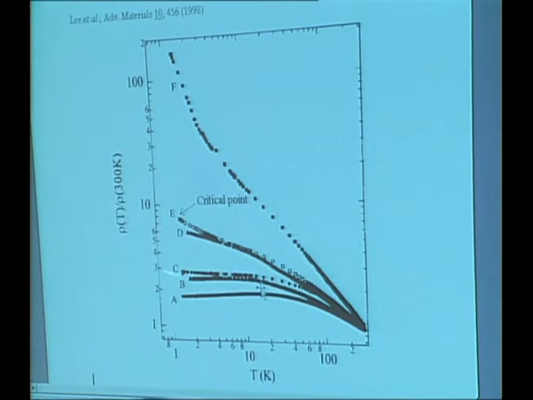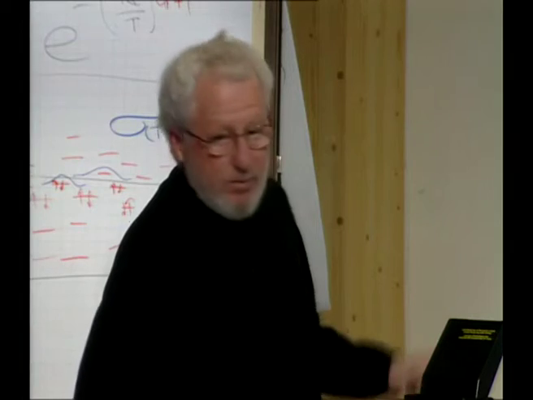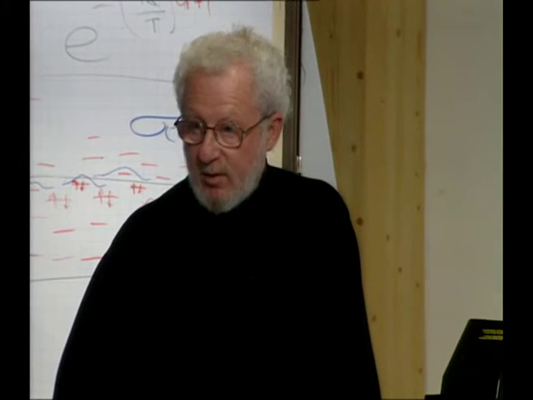This one probably would remain finite. This one already is not clear, and if you look at this curve, this point E, and you plot it log, as I have, it should be a straight line, and in fact, the slope there is about 1/3. That's the critical point. Okay?